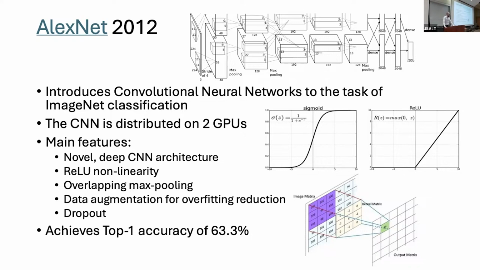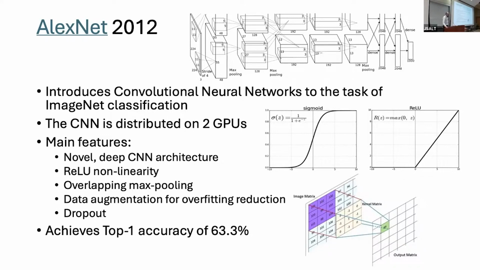In 2012, the GPUs were not as strong as now. So it was a big achievement because the method was actually introduced, as you heard yesterday, in the 80s. It was resurrected, and they said, let's give it one more shot and see what we can do with it.